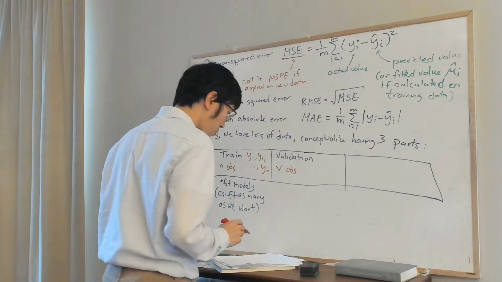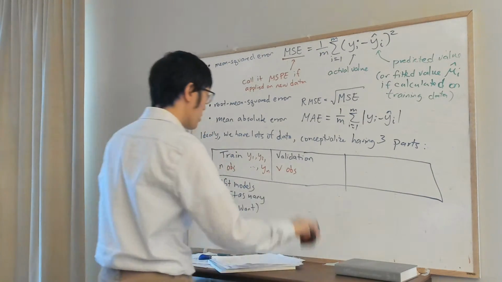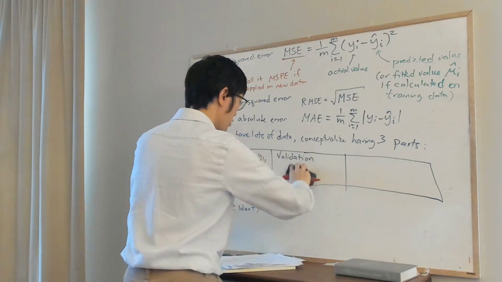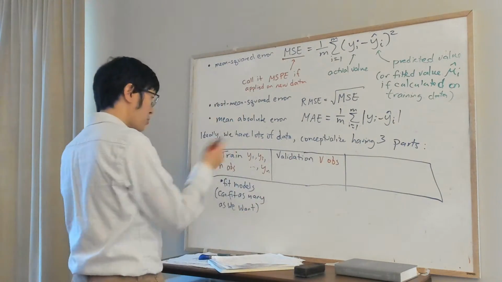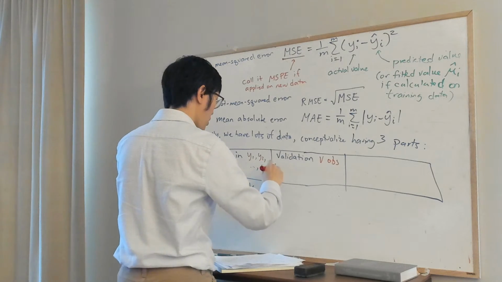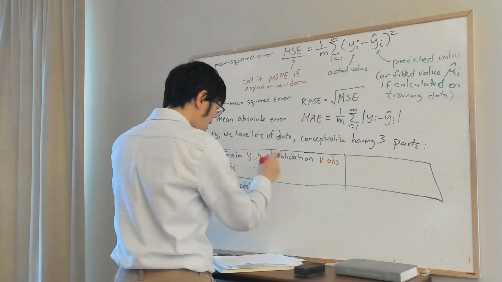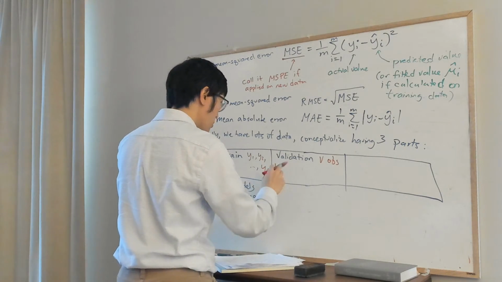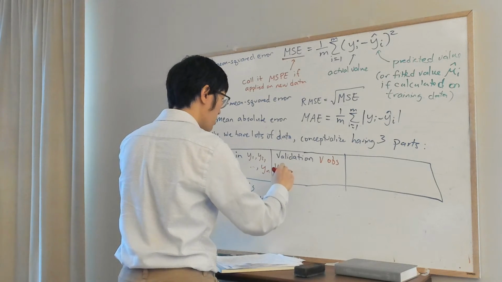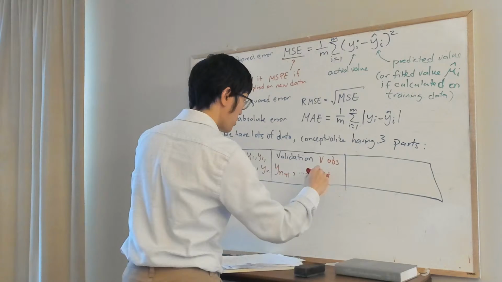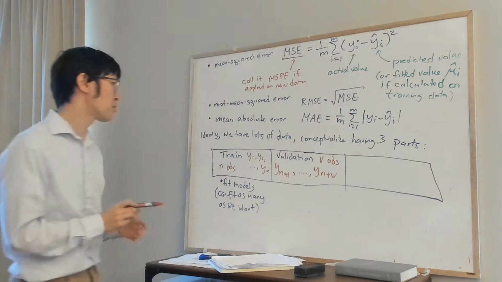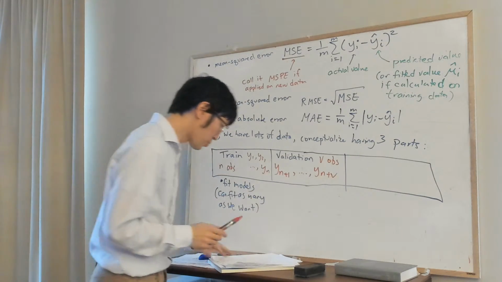Just to label them, I'm going to label the response y, and I use distinguishable indices: y n plus 1 up to y n plus v. So there are v observations.